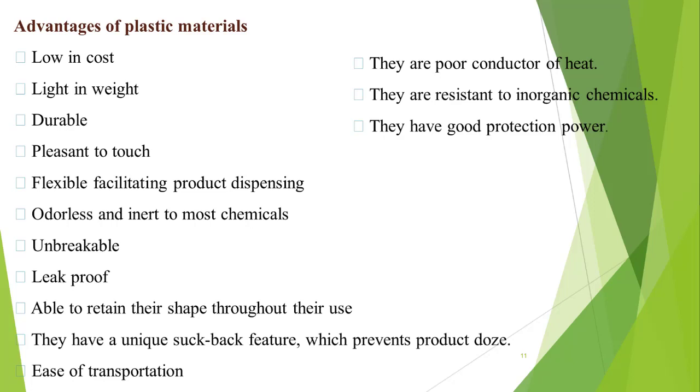They have a unique suck back feature which prevents product dose, and ease of transportation. They are poor conductors of heat, resistant to inorganic chemicals, and have good protection power. So these are some of the few advantages. You can add more or choose some good examples. So these are the normal advantages of plastic containers.